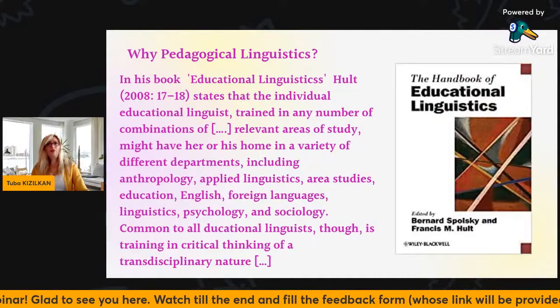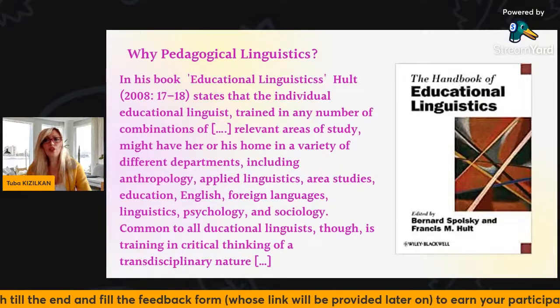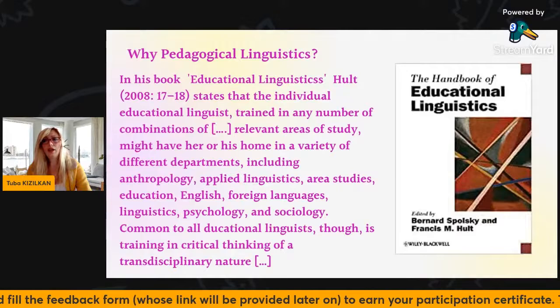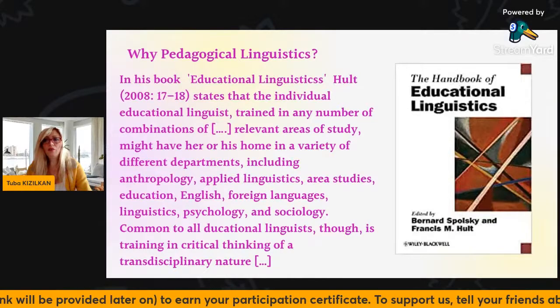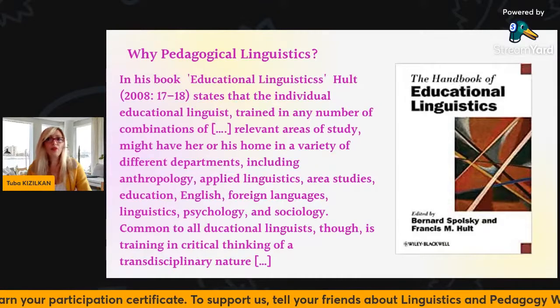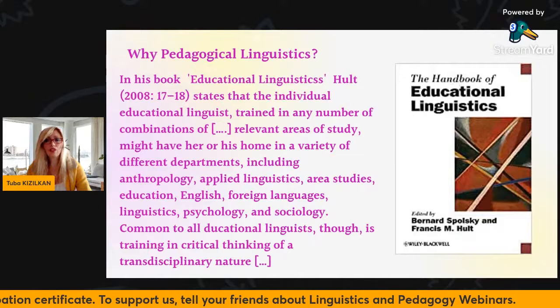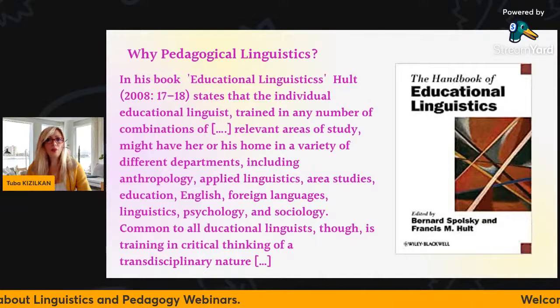And why pedagogical linguistics? Here's another resource I would like to share with attendants so that they might like to have more reading on this subject, especially the researchers or anyone who is interested in this topic.